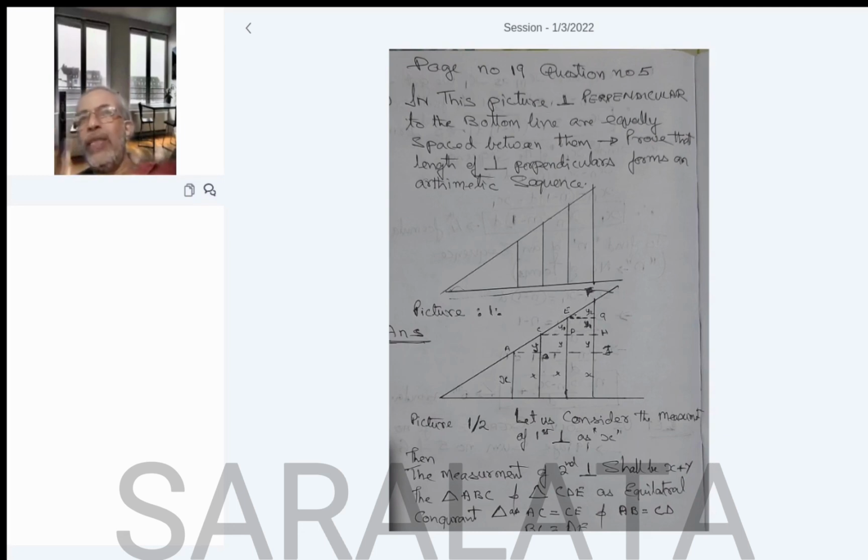So in that case, my measurements become x plus y and x plus 2y. So here my third line becomes x plus 2y. The third perpendicular line becomes x plus 2y. Now, the reason for this is that the two triangles formed over there are congruent triangles, because the angles are matching. Everything is matching. They have one angle of 90 degrees.